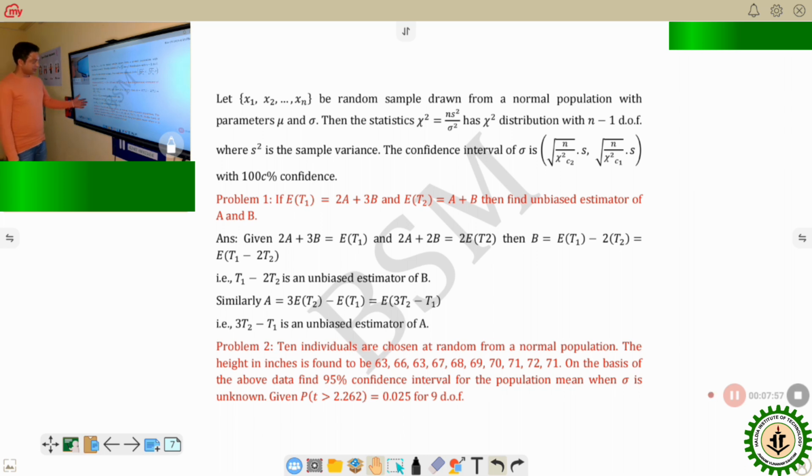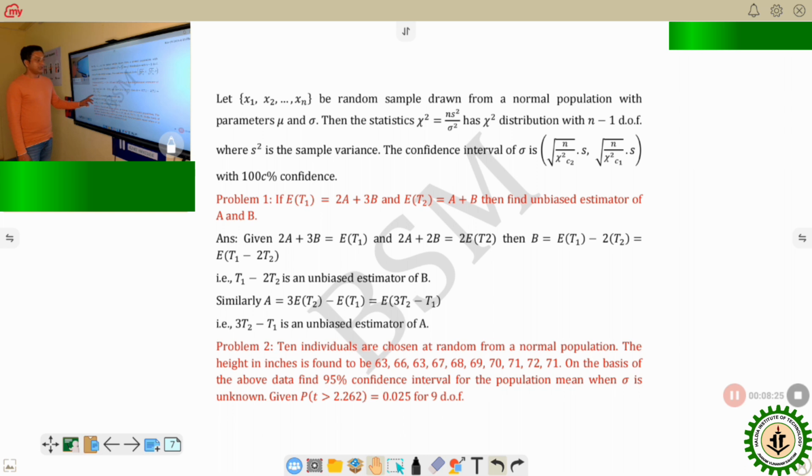Now, some problems we are going to discuss. First problem: if the expectation of T1 equals 2a plus 3b and the expectation of T2 equals a plus b, find the unbiased estimators of a and b. You have two equations; just solve them in terms of a and b. When you solve them, you make some adjustment: 2a plus 2b equals 2 E of T2.